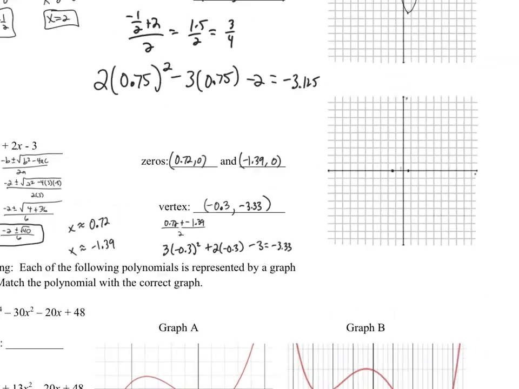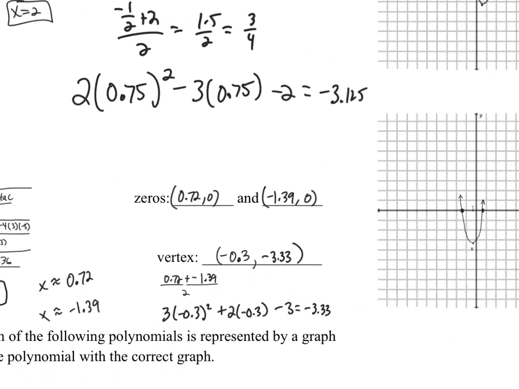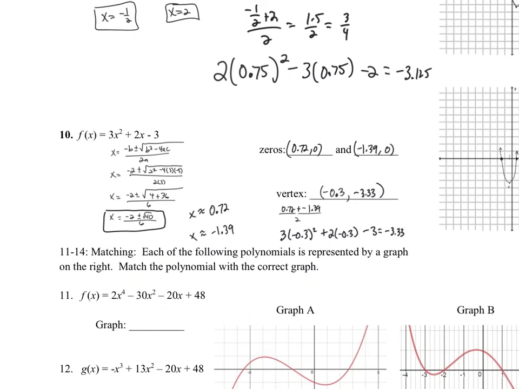So if I graph this, negative 0.3 and then down 3.33, so about there. So yeah, the numbers were a little more ugly on this one, but it's the same idea. You find the zeros by doing quadratic formula, and then find the average of those, and that'll give you the x portion of the vertex, and then plug it in to get the y portion.